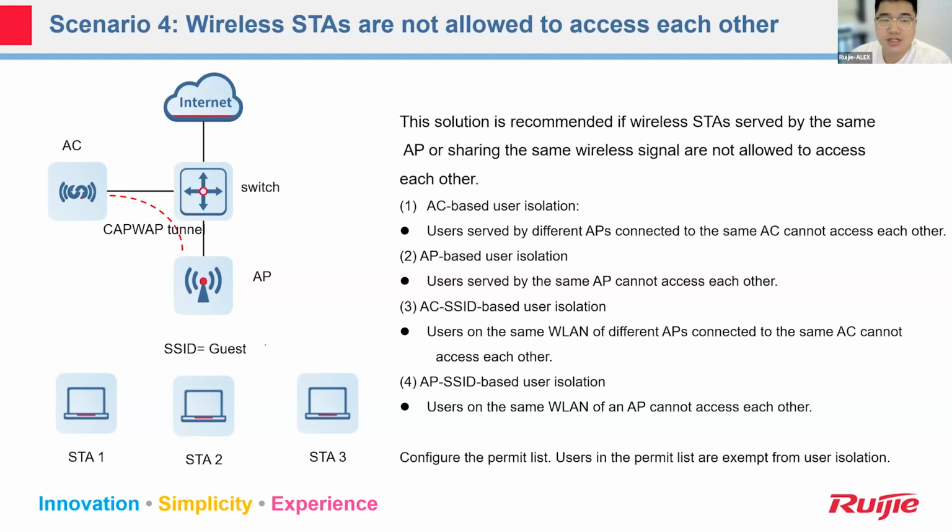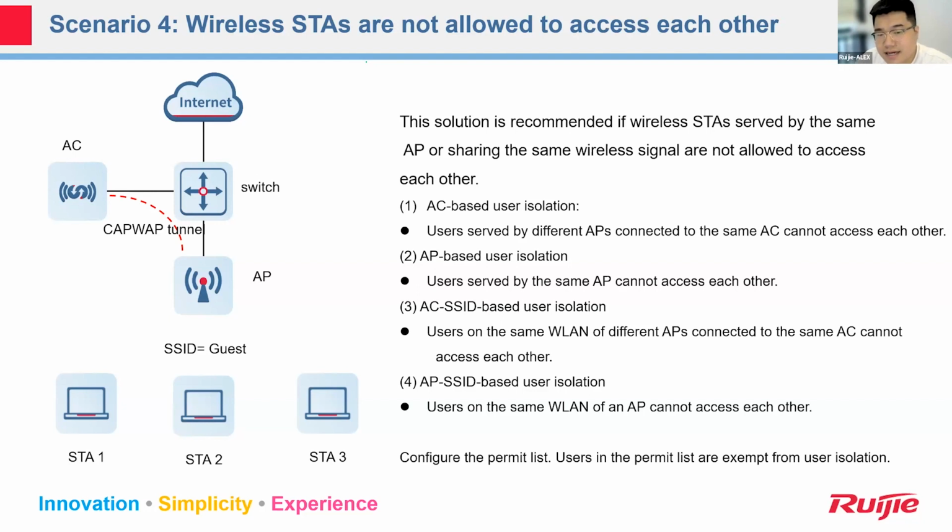And user isolation can be divided into different types. First is the AC-based user isolation. With AC-based user isolation, users served by different APs connected to the same AC cannot access each other. AP-based means users served by the same AP cannot access each other.